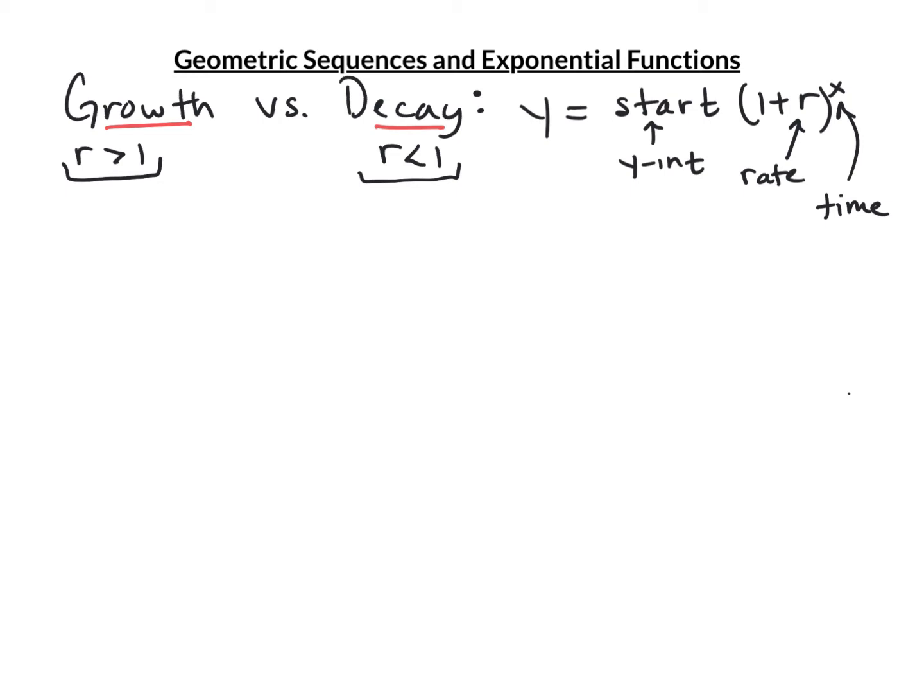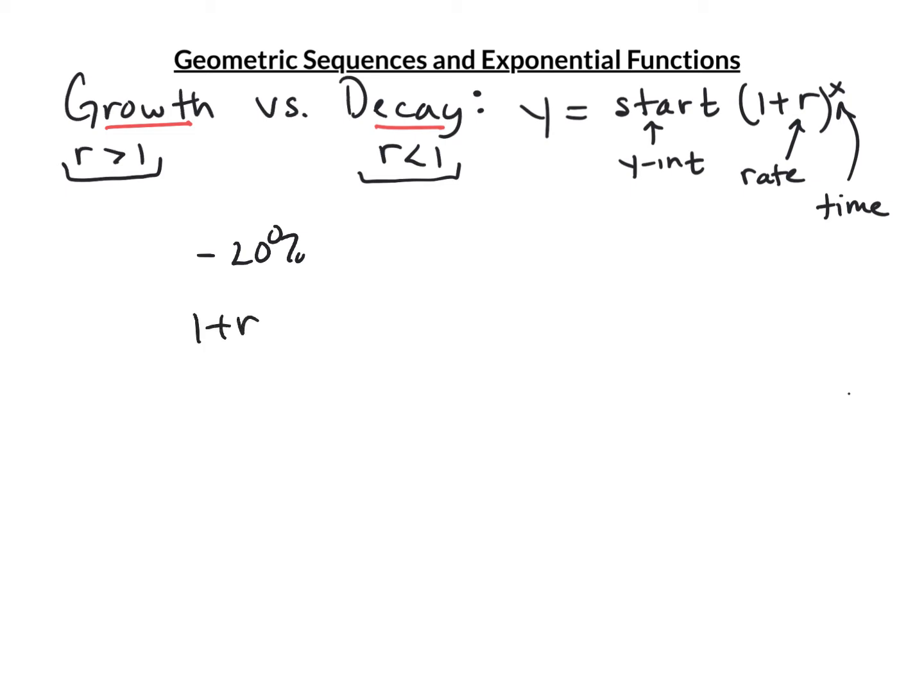Growth means your rate, the percent you're growing by, is a positive percent. 1.5, that was growth, because every time we multiplied by 1.5, we increased 50%. Decay means your rate is less than 1. For example, if I told you the rate was negative 20%, that means you'd be losing 20% every time you step forward one position.